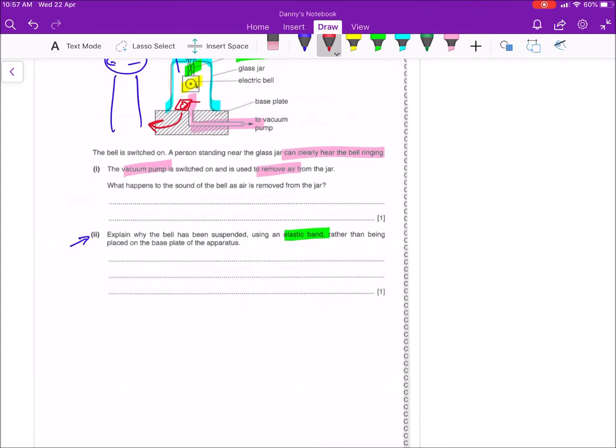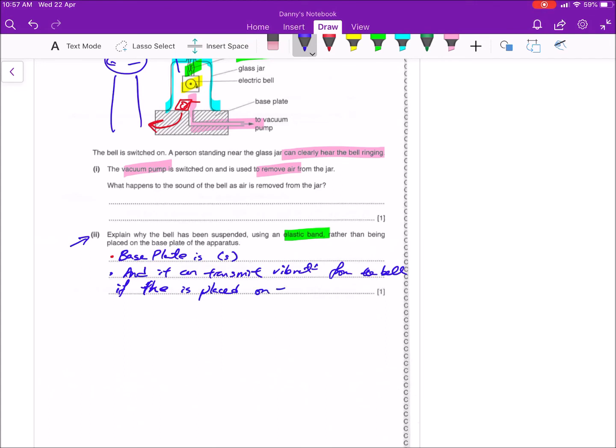So to explain, you have to tell me that your base plate is solid and therefore it can transmit vibration from the bell if the bell is placed on the base plate.